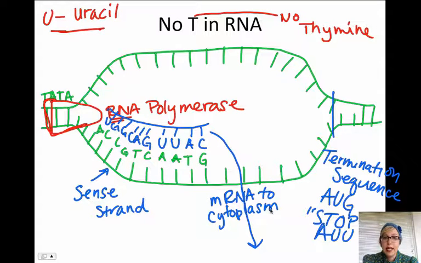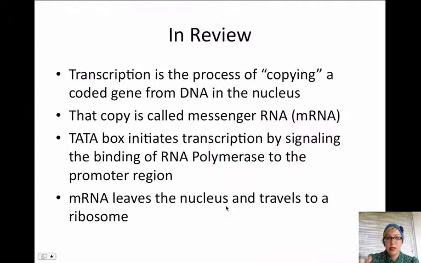So in a nutshell, let's do a quick review. Transcription is the process of copying, and it's not exactly copying, right? It's taking a strand of DNA and transcribing it into RNA language, which has a U instead of a T. And this all happens in the nucleus. And this copy that we make is called a messenger RNA, an mRNA.